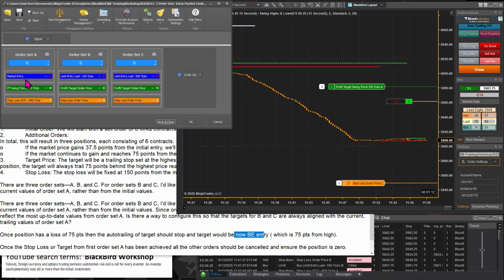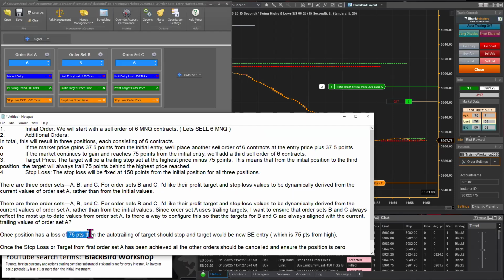But okay, so in any case, essentially, I'm just going to use these numbers here to determine when the profit target should stop moving here. So yeah, I'm going to have to dive into the settings.